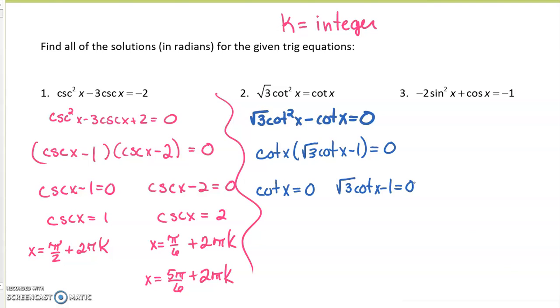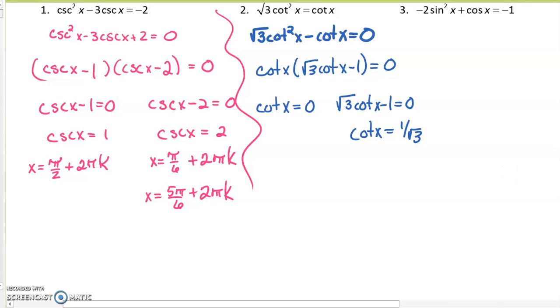Here's where I'm at. So I have to think about when cotangent x is 0 and when cotangent x is 1 over root 3. There's a couple ways students look at this. They think about the identity that cotangent is cosine over sine, and so we have to think about when cosine is 0, or students think about their special right triangles.